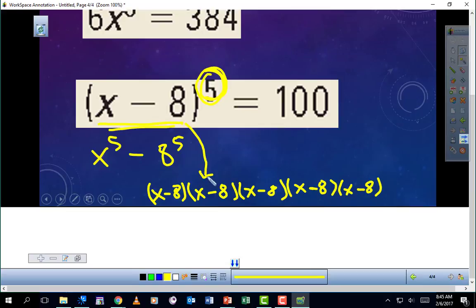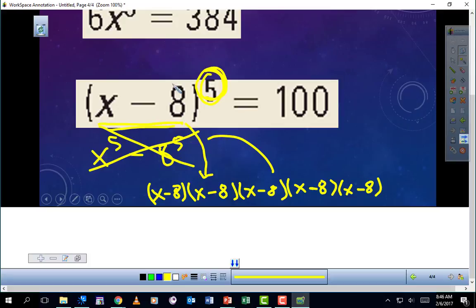Now, I don't know about you, but I don't think there's too many people in our class that would like to multiply all this stuff out. And it's certainly not equal to this. Okay? Alright, so how should you do this problem? Well, what's the inverse operation here? Something to the 5th power, the inverse operation would be a 5th root.